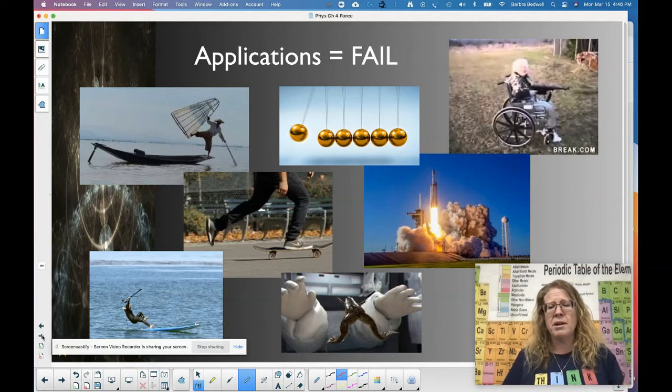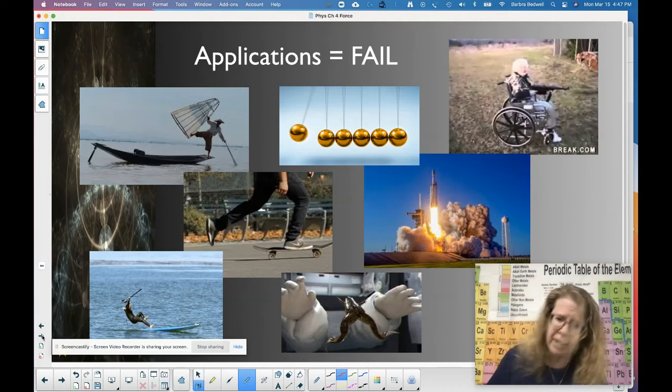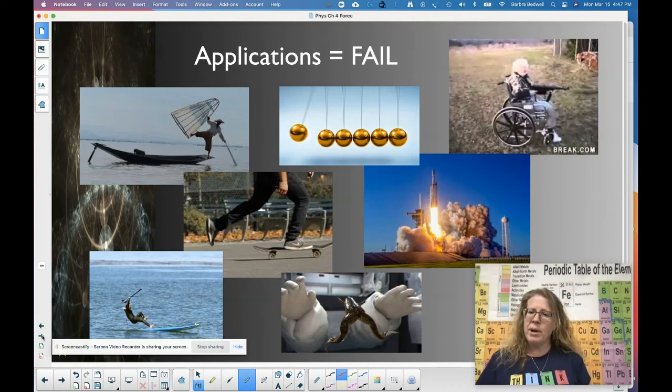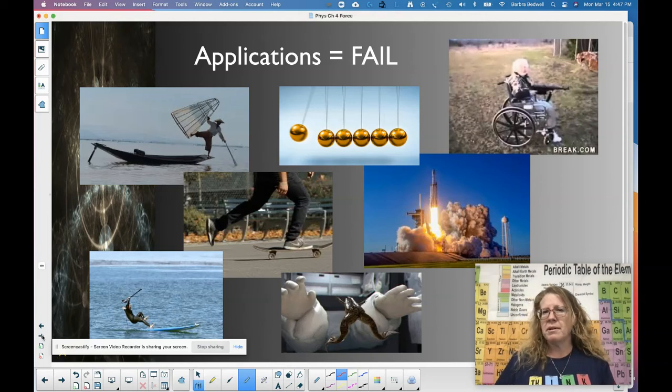But here are some other ones on here that aren't really fails so much. I'll mention the skateboard as a really good example of this one. With a skateboard, if you think about it, you're pushing forward, and it's kind of weird to think what happens. You actually push backwards, but the skateboard moves forwards. How's that even possible? These are action-reaction pairs.